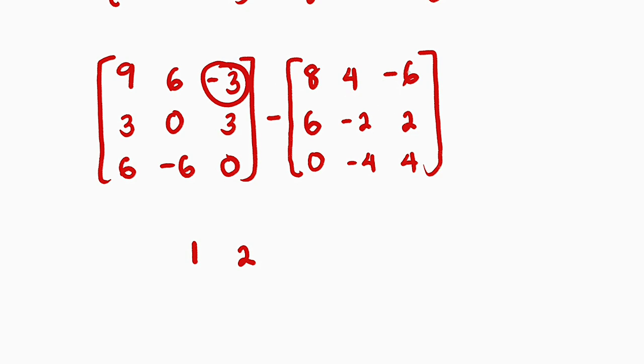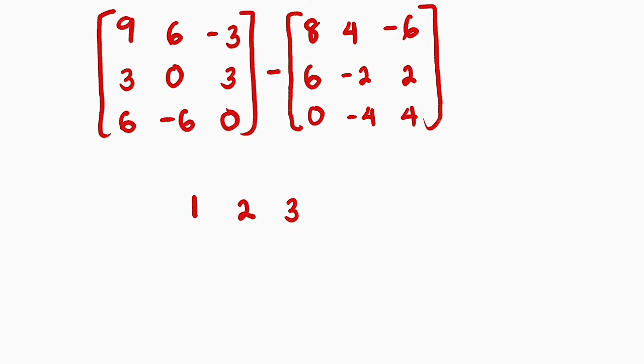Negative 3 minus negative 6 is the same thing as negative 3 plus 6, which is positive 3. Second row. 3 minus 6 is negative 3. 0 minus negative 2 is positive 2.